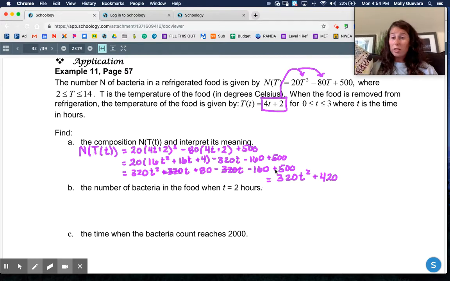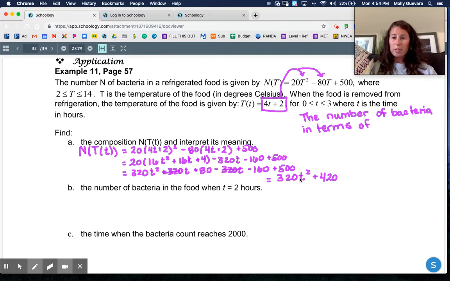Now the question is, what does this mean? Who cares if you don't know what it means? T of t was the temperature of the food. N of t was the amount of bacteria. So when I combine those together, I get the number of bacteria in terms of, and what is the variable?